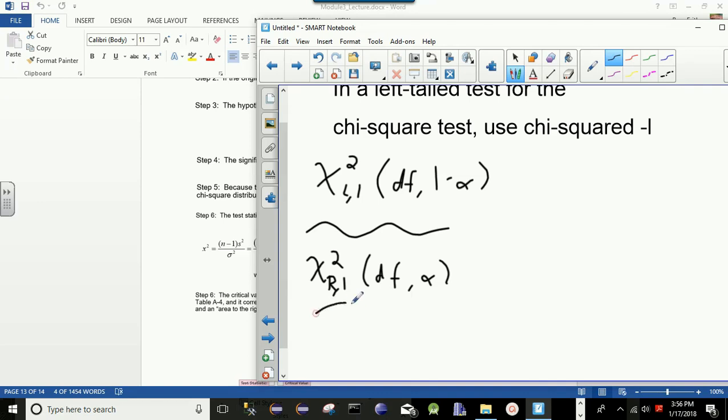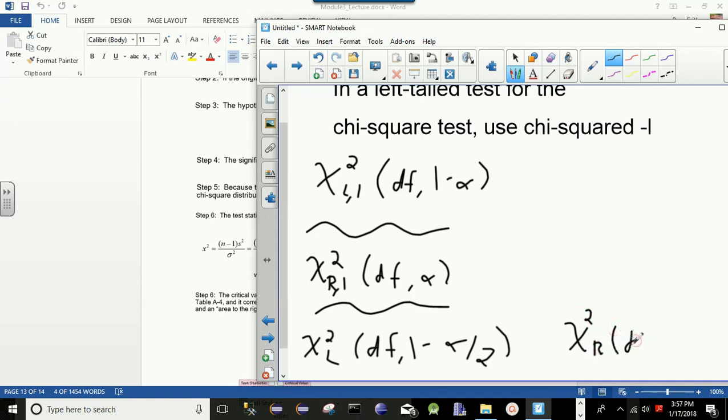If it's a two-tailed test, then you'll find chi-squared L. You'll have to find two chi-squared values, namely this one, just like you did in Module 2, and this one.